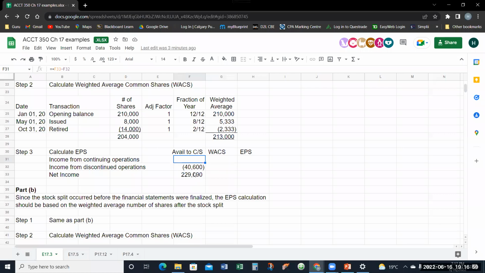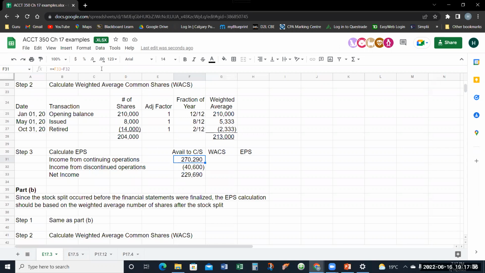If I said it's 189 and something, and I subtract 40,000, I'm not going to end up with 229, right? That should be commonsensical. If you accidentally make that mistake, you have to be aware of your circumstances and pay attention to what number is showing up. It should make sense. If there was a loss from discontinued operations, then my income from continuing operations needs to be a bigger number.